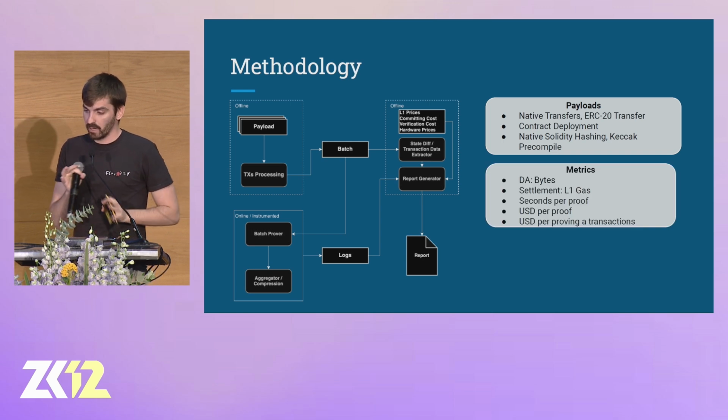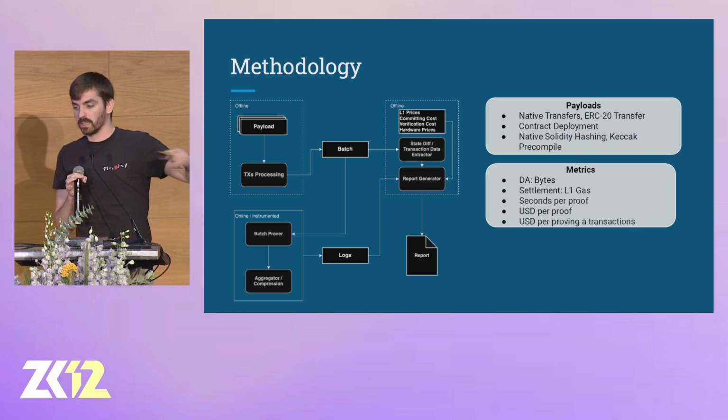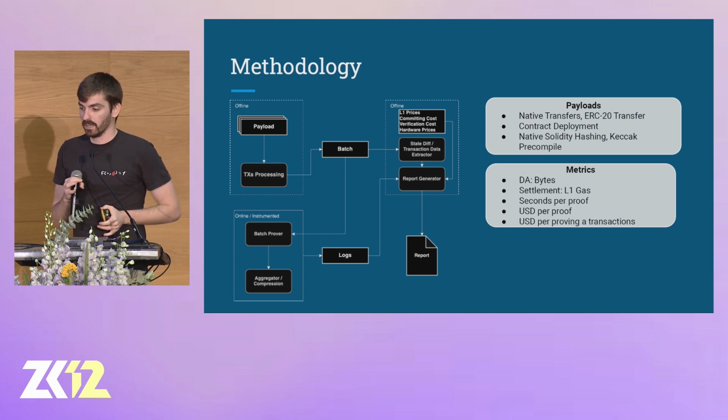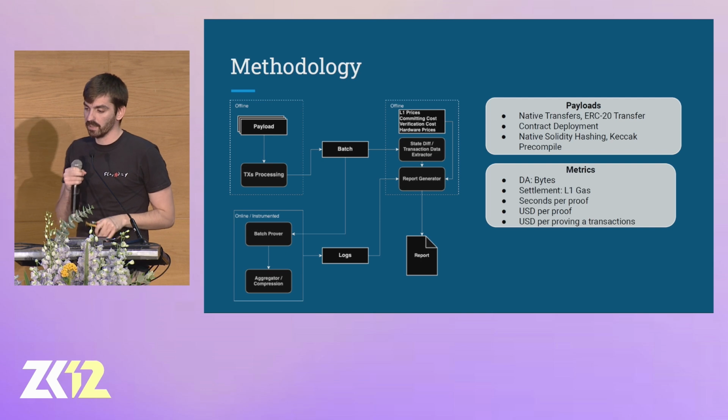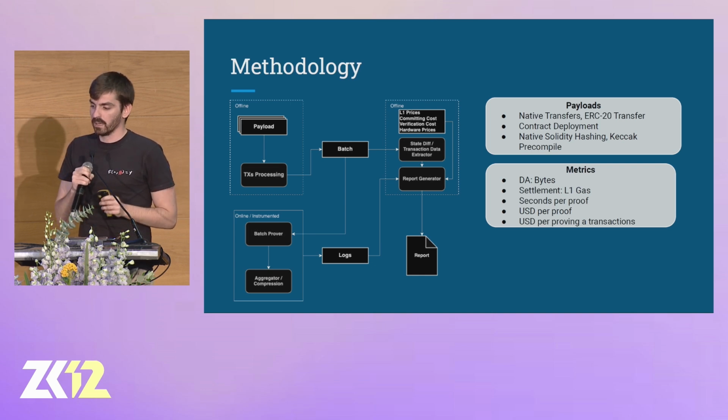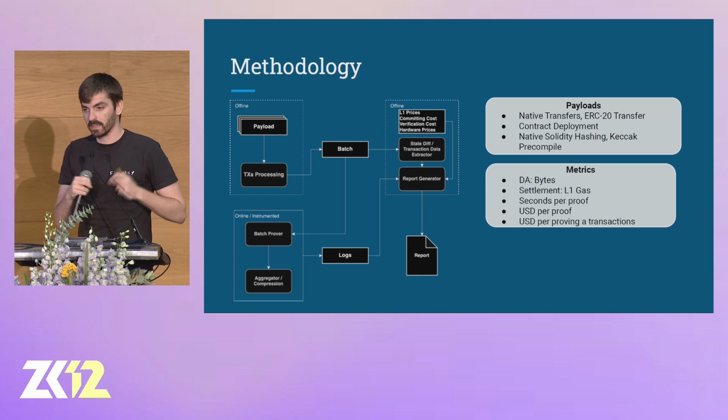And then we have our metrics. When we run the payloads through the rollups, we get the batches. And in the batches, we extract the DA we will need to publish on the L1. We also extract the settlement cost, the L1 gas we will have to pay for both committing and verifying the proof.